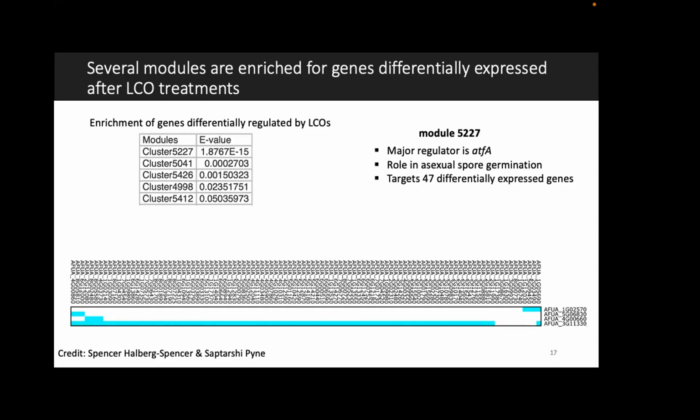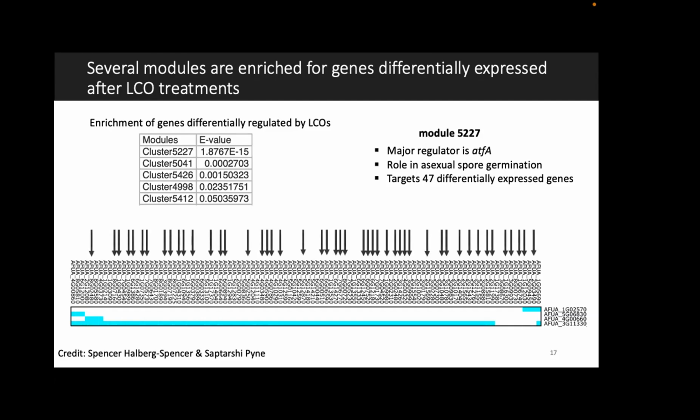So I'm asking myself, is this transcription factor important for LCO response? And that would have been a really interesting thing to look at, because in my list of more than 30 transcription factors, it wasn't one of them. Even though ATFA is on the list of differentially expressed genes because it's significant, it's not very highly expressed, so it wasn't that interesting.